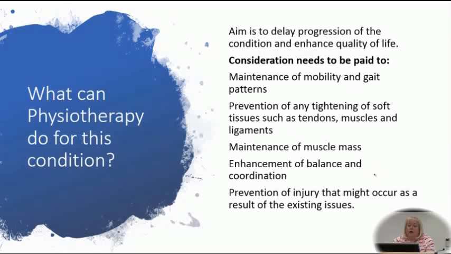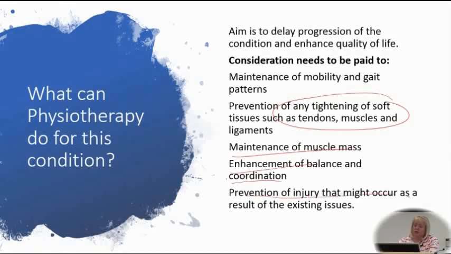So we need to maintain mobility and gait patterns. And this is a big one here. Prevent tightening of soft tissues such as tendons, muscles, and ligaments. Maintain muscle mass, enhancement of balance and coordination, and prevent injury that might occur as a result of the existing issues. So those are the things we need to work on.